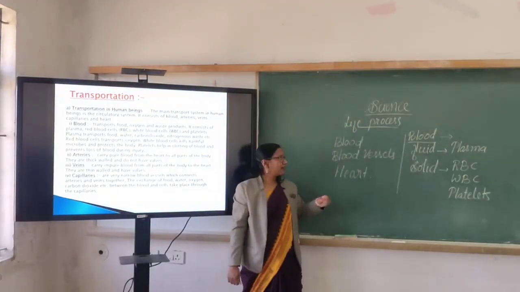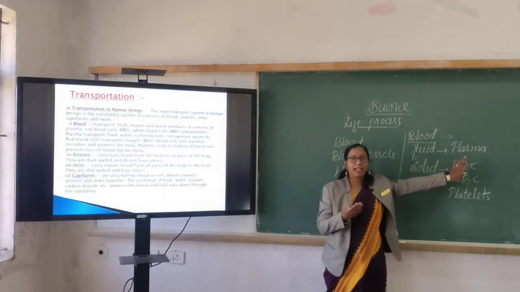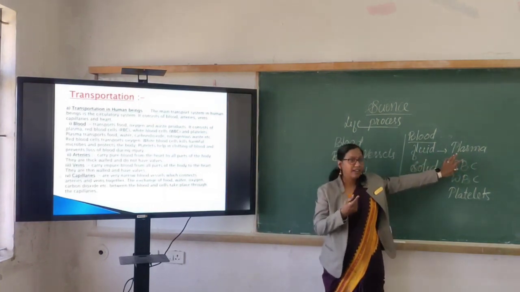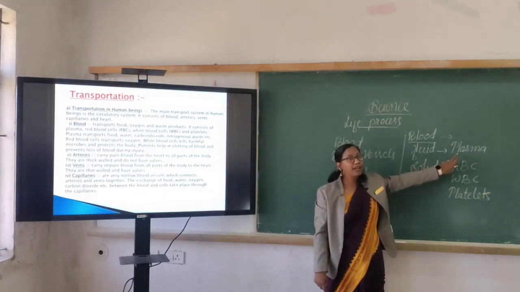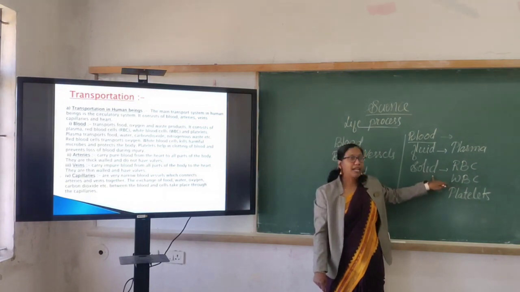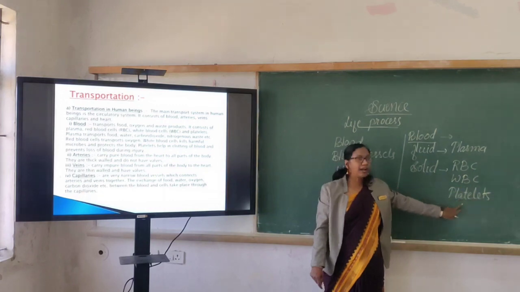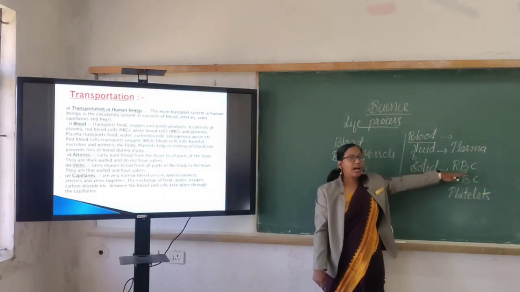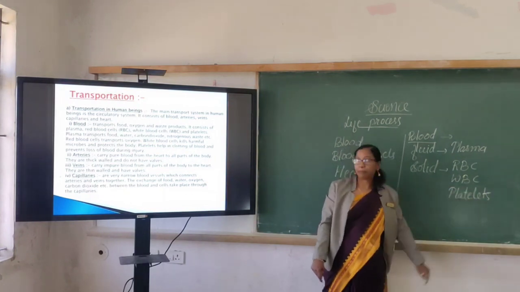Let us understand what these are. Plasma makes blood thin and helps it flow, because it consists of 90% water and the remaining component is salts, hormones and proteins. The solid components are red blood corpuscles, white blood corpuscles and platelets.